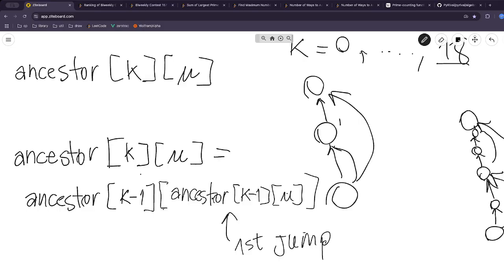That's the length of the jump, and this is the node that we're at. We can call it b if we want to. When we make one jump, we are at b, and so now we use the ancestor table again, but now from b, and we make another jump of k minus 1, right? And so this is the recurrence that we can use.